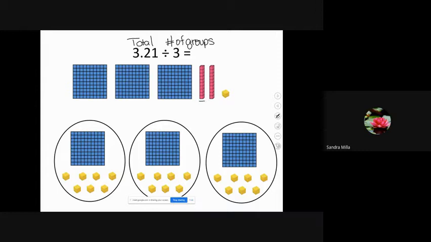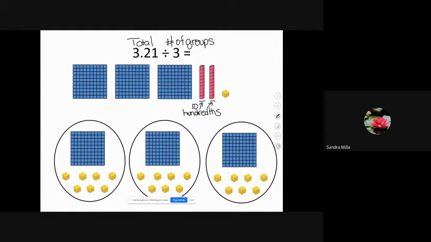What I did was, with the tenths here, I was able to get 10 hundredths from each of these 2 tenths, which would be a total of 20 hundredths.